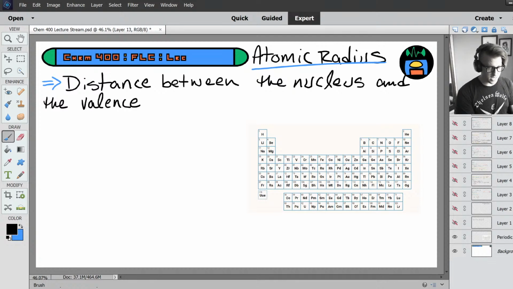All right, so the highest energy shell. And we know that higher and higher in energy corresponds to further distance from the nucleus, right?